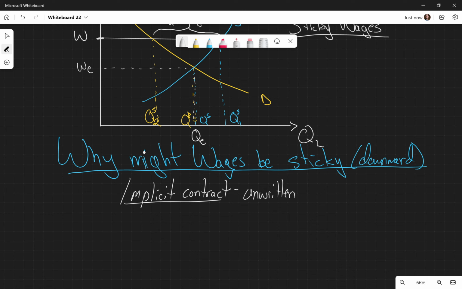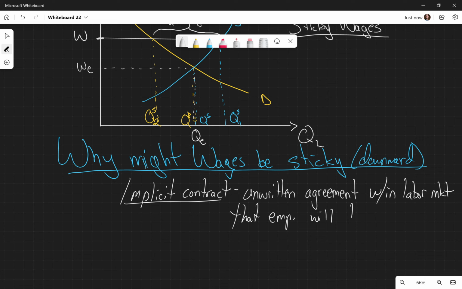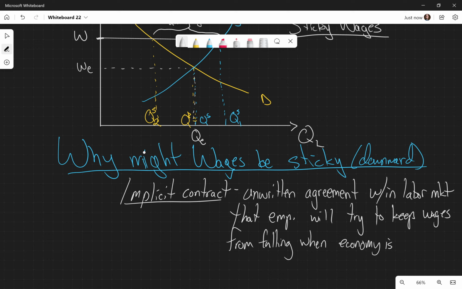Some sort of tacit agreement within the labor market that the employer will try to keep wages from falling when the economy is weak, or the business is having trouble.